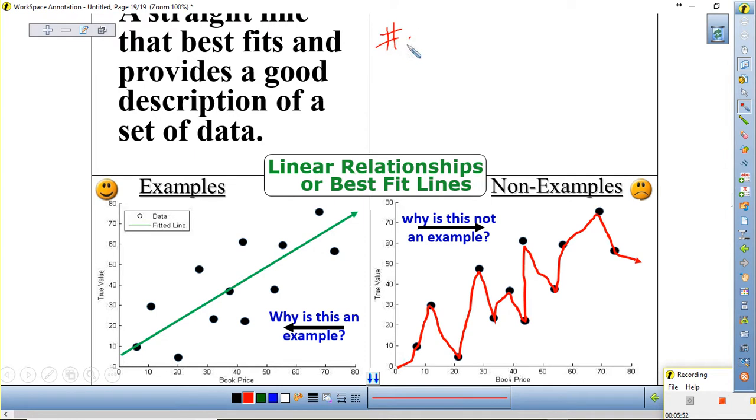Hashtag evenly divided. Hashtag what? Go ahead, Mia. Straight line. What else? Leslie. Hashtag what? Be nice.